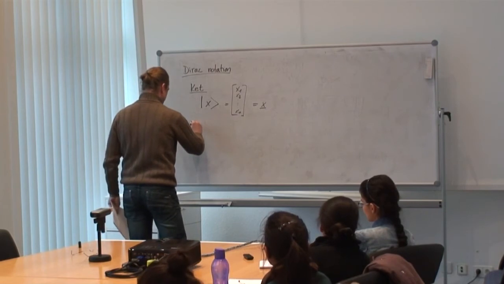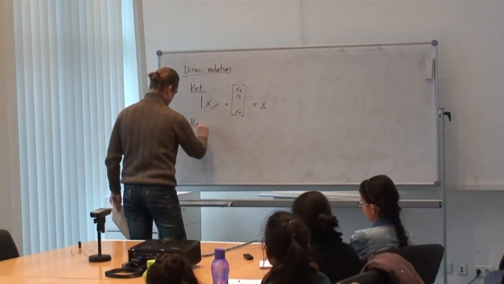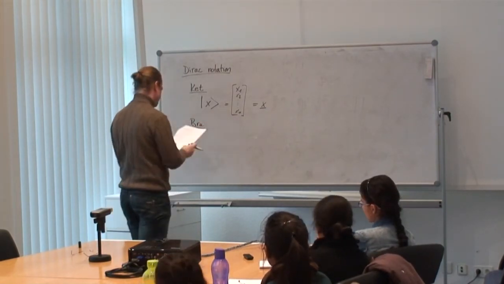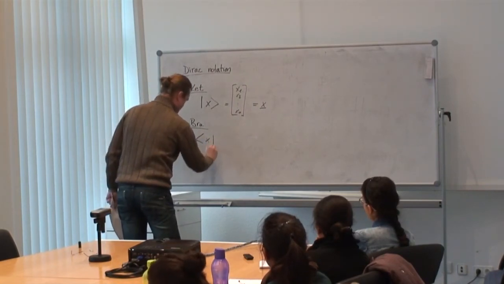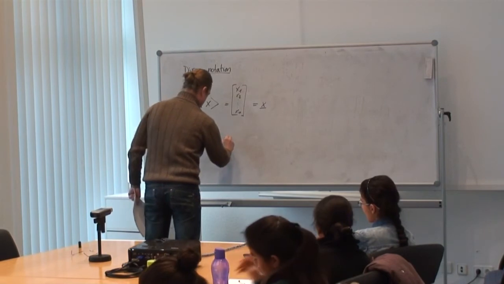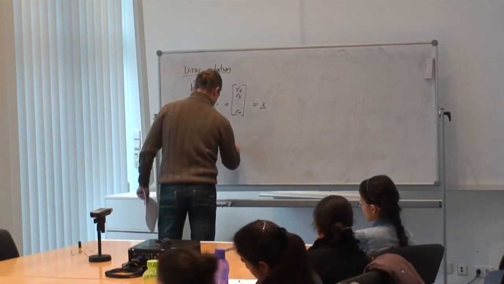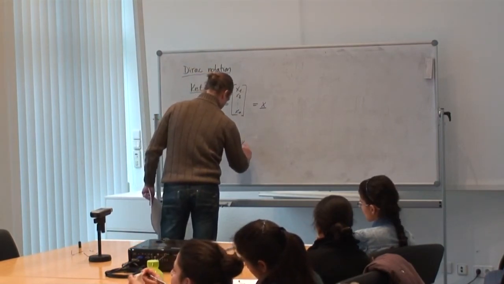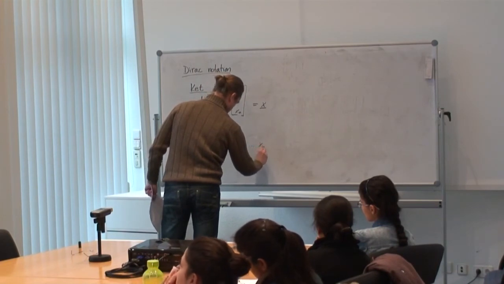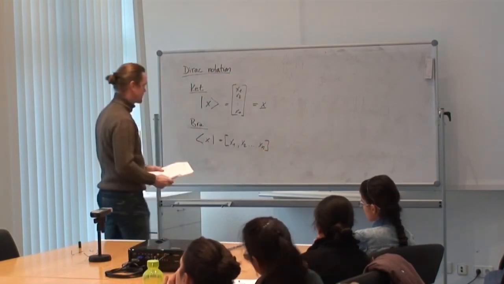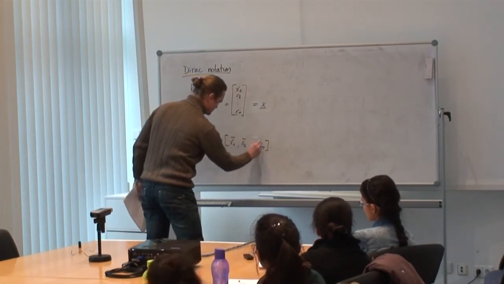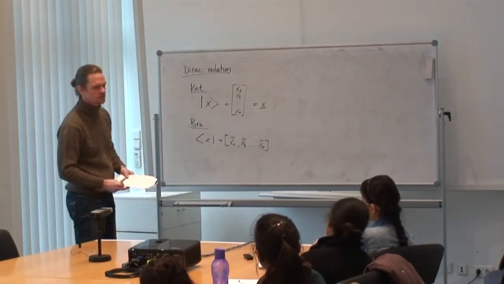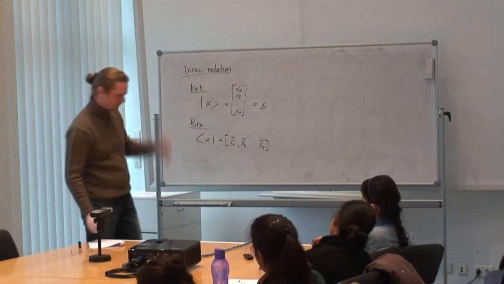And he said, let us consider bra vectors, which he wrote like this, which is supposed to indicate the vector x1, x2, all the way to some xn. So it looks like the transpose of this vector, but in addition, we want to have complex conjugation. Okay, here is a mental step.